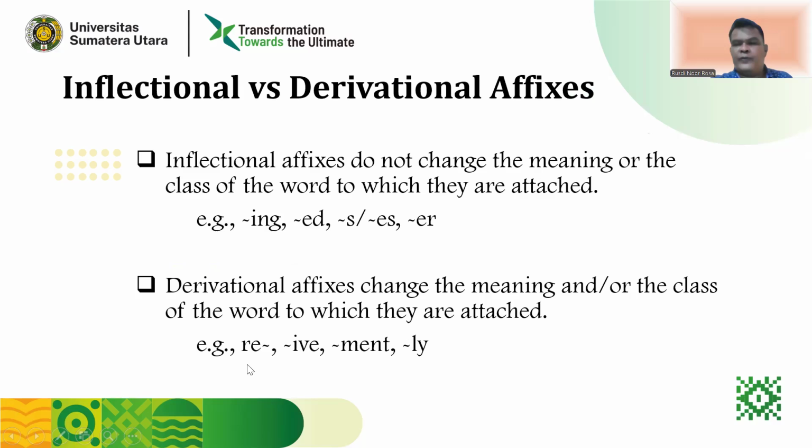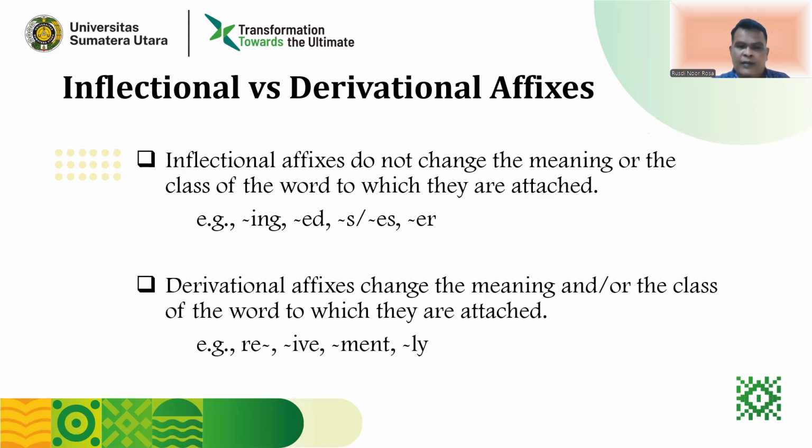For example, let's say replay. Play is a verb, and replay is also a verb. However, these two words have different meaning. Therefore, re- belongs to derivational affixes. But when we use ive, for example, let's say act is a verb.